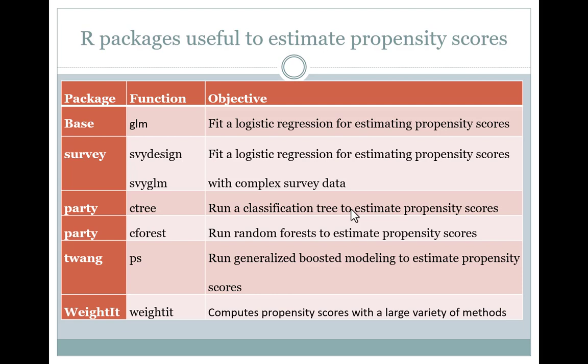Even though it's designed to calculate weights, it estimates propensity scores first. So even if you are doing propensity score matching rather than weighting, you can still use it. It's a front end for a very large number of machine learning methods, so it's a very helpful package. Those are the options you have for propensity score estimation.